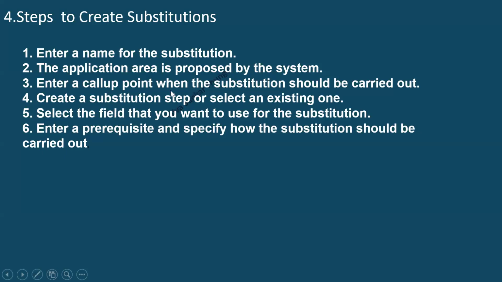A call-up point will be automatically given by the system. If it is a project definition, one call-up point number will be there. If it is a WBS element, another call-up point with a different number will be there. And then we need to insert a step. Once we insert a step, we need to give the prerequisite, then the substitution value for which we are giving the substitution. So these are the steps that we need to follow while creating the substitutions, right?